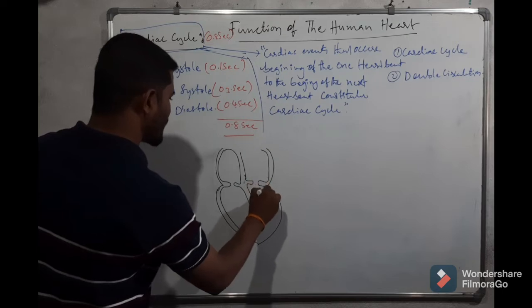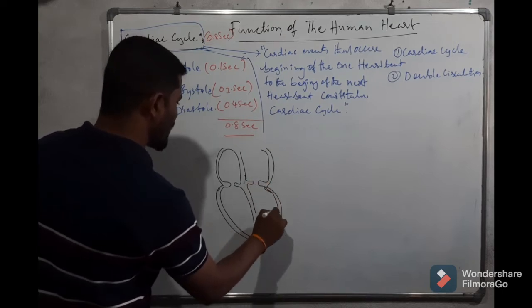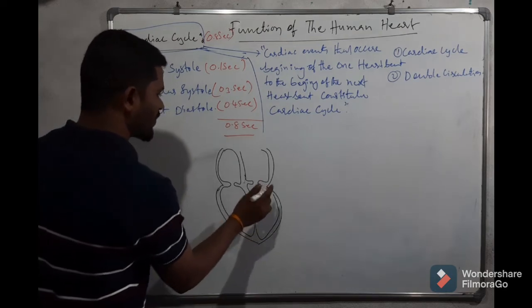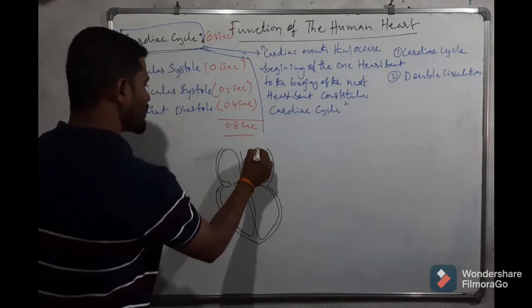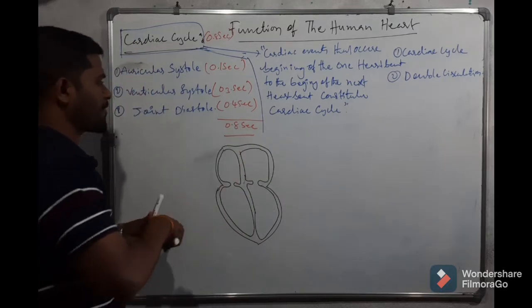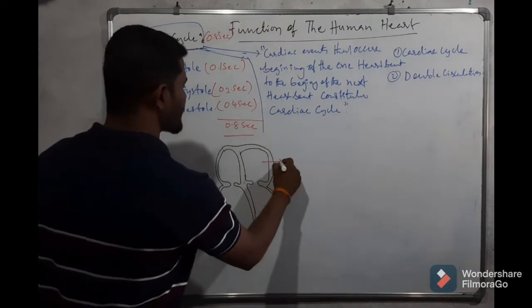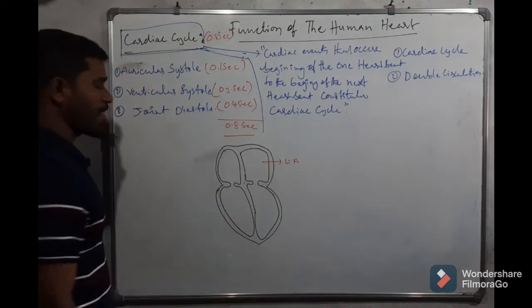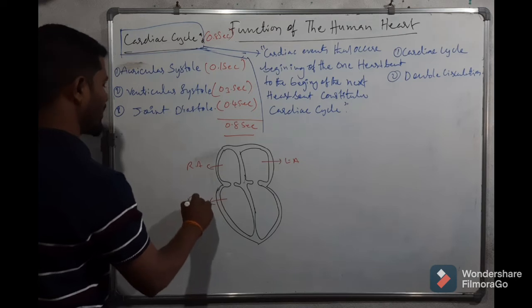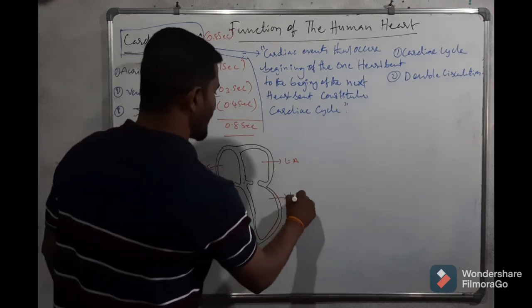This is the left auricle, this one is the right auricle, this is the right ventricle, this is the left ventricle.